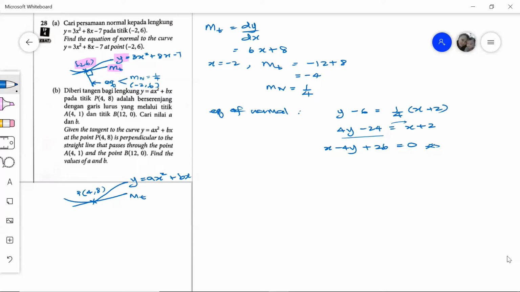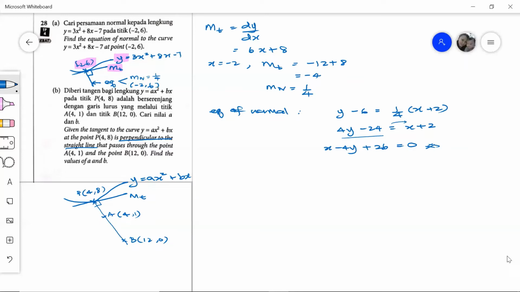It says that the tangent is perpendicular to the straight line. So let's draw a perpendicular line, making 90 degrees with the tangent. And this perpendicular line passes through the point A (4, 1) and the point B (12, 0). And we have to find the values of a and b.